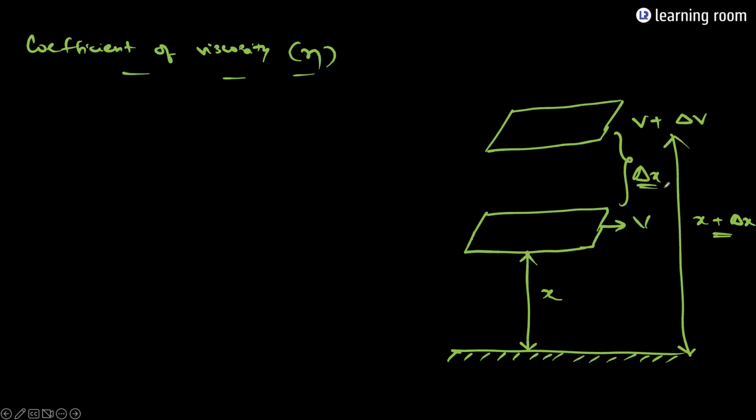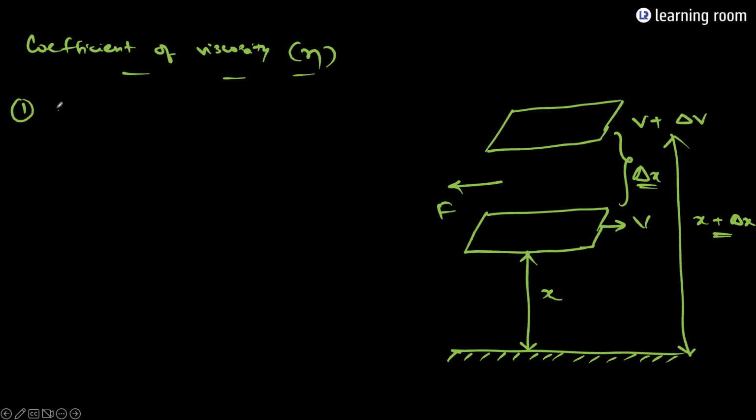So compared to these two layers, what direction is the viscous force going to act? It is going to act in the opposite direction. It is going to oppose the motion, obviously, right? So based on observation, the following points are taken into consideration.